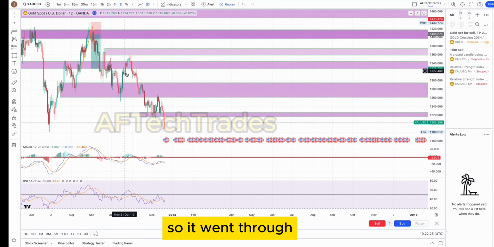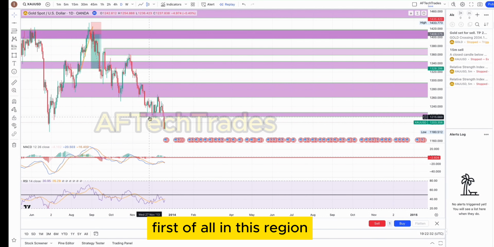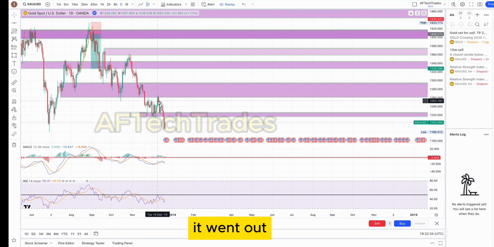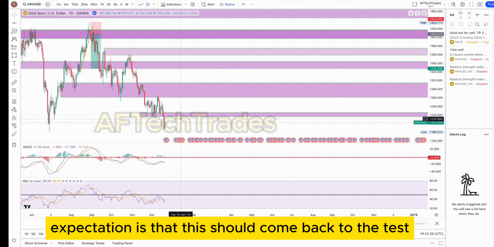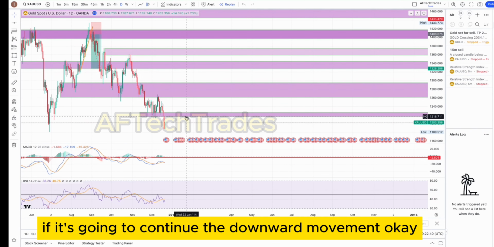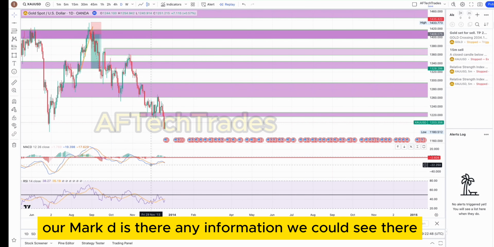So it went through, it came back, it retested this, then this is more like a continuation. First of all, in this region, it went out, it broke it. Our expectation is that this should come back to retest this region if it's going to continue the downward movement. So what we look out for is, let's check our RSI, our MACD.